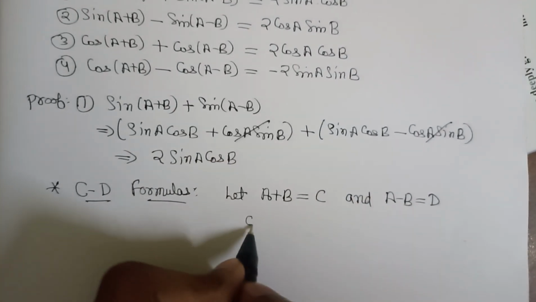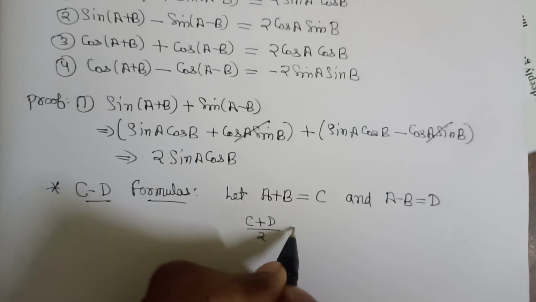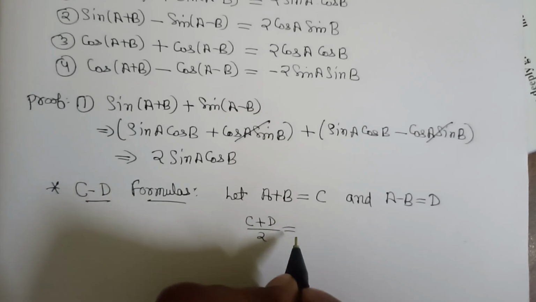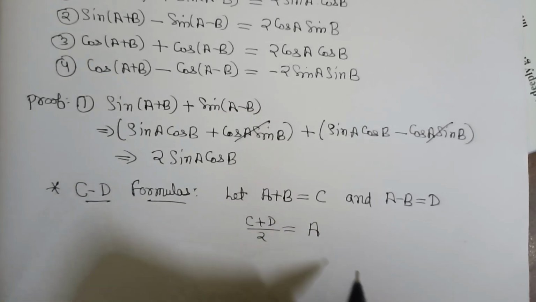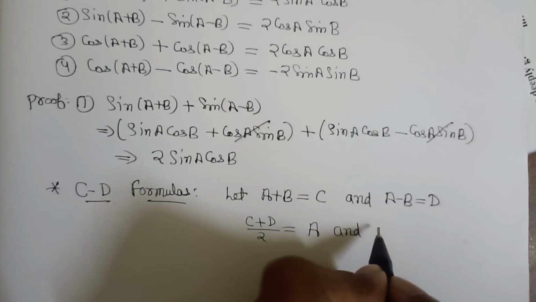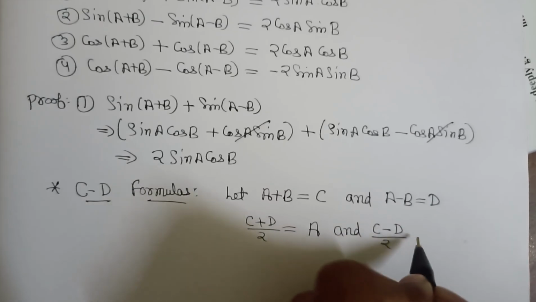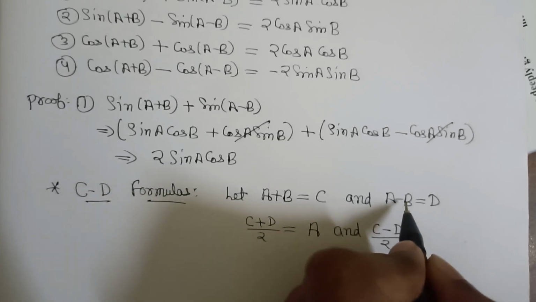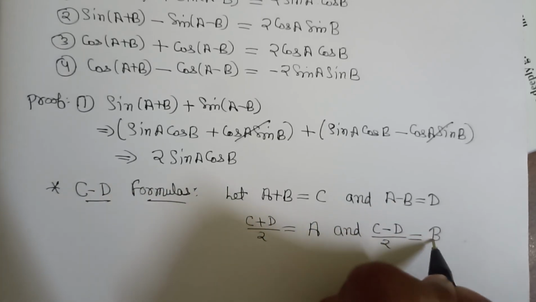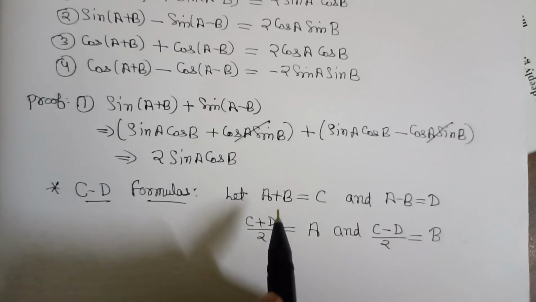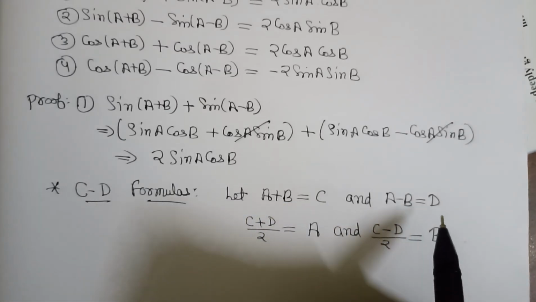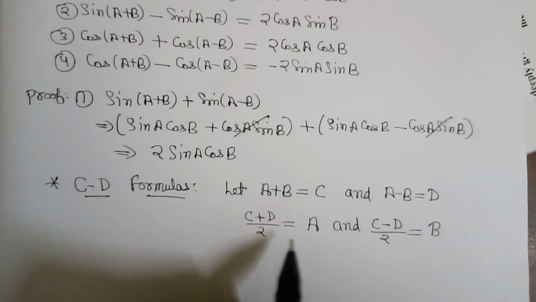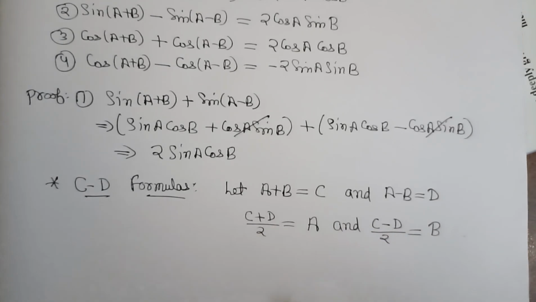So (c+d)/2 will be equal to adding these values: b and b cancel, you get 2a, and divided by 2 it is a. Similarly (c-d)/2: when you subtract, a and a cancel and the sign changes, so 2b/2 is b. So now a is (c+d)/2 and b is (c-d)/2.